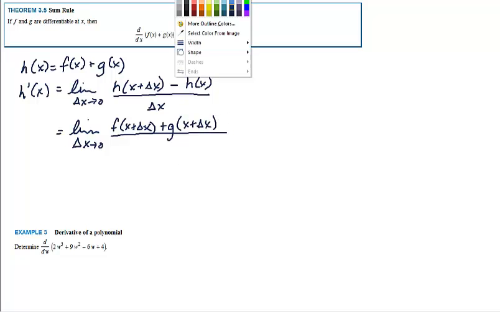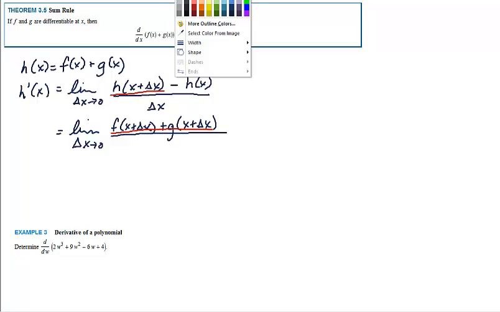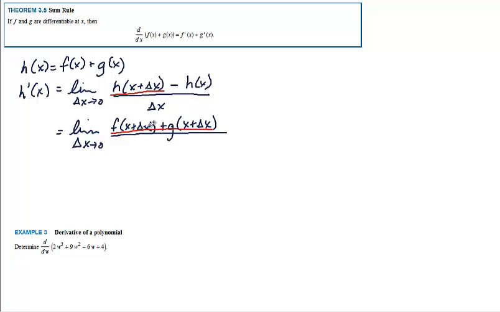I just replaced x with x plus delta x, sorry. I'm trying to do too many things at once here. Minus, and then I'm just going to subtract that function, so here's h of x there, so f of x plus g of x, all over delta x.